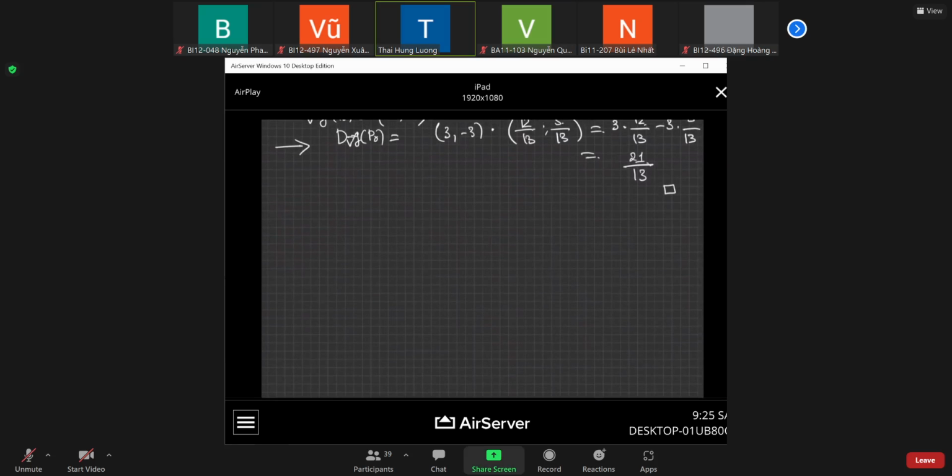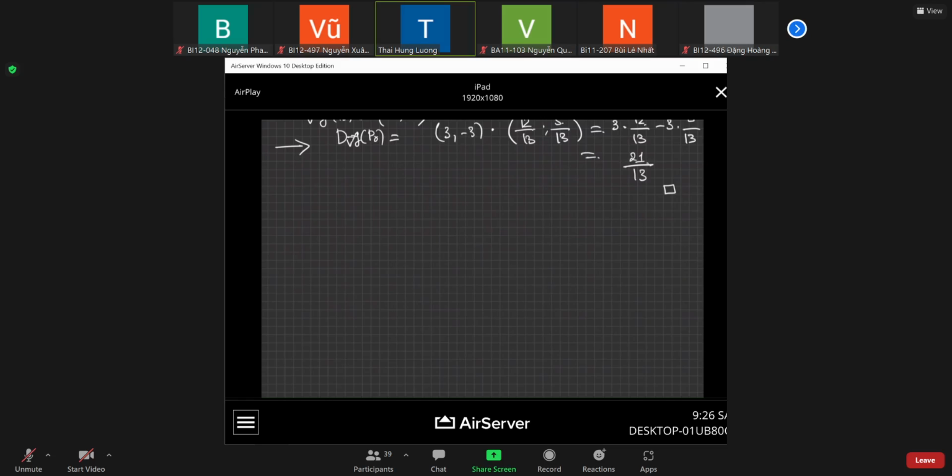Okay, let's see which problem to do next. I think about the directional derivative, that is enough. If we have enough time, we will come back to this type of problem.